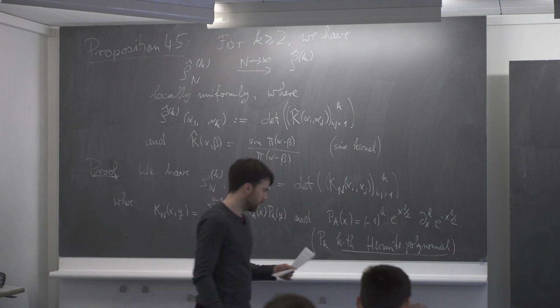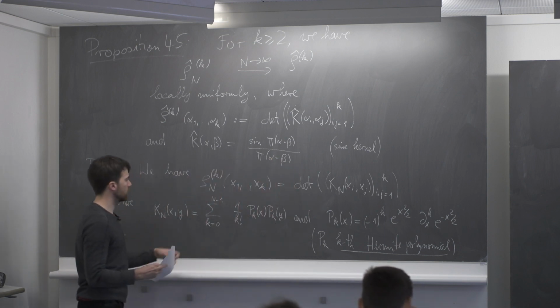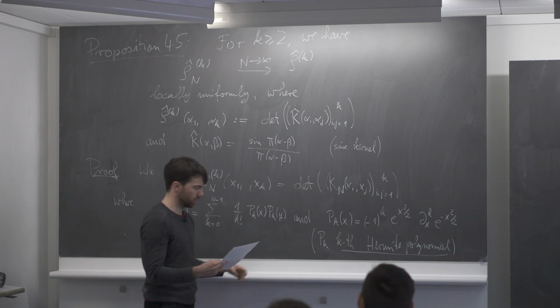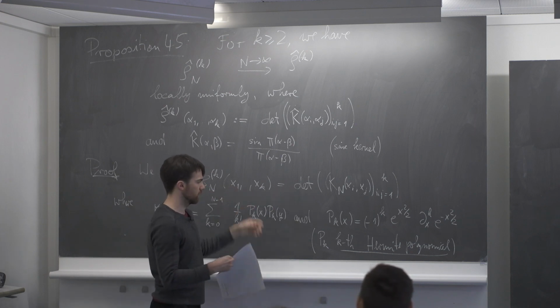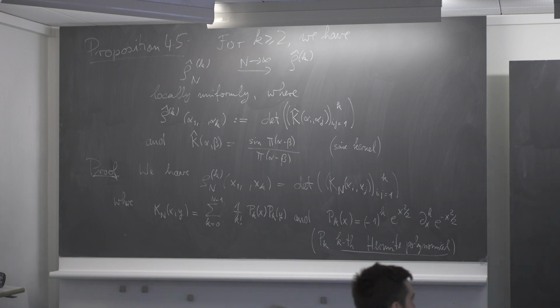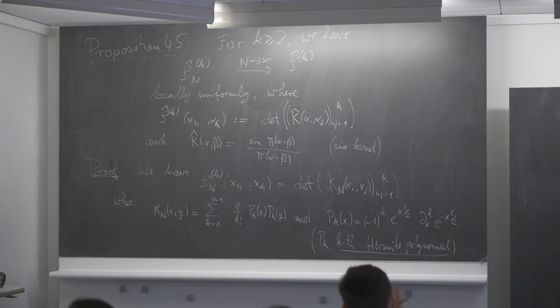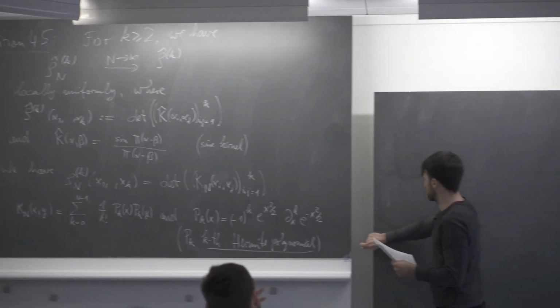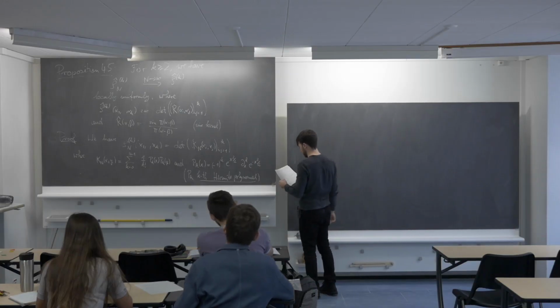Okay, and so that means in particular that the eigenvalue process, which I can of course rescale by square root n, is a determinantal point process. Maybe you've been to the mathematical physics seminar yesterday, so then you've seen another instance of a determinantal point process. They appear quite often in random matrix theory.